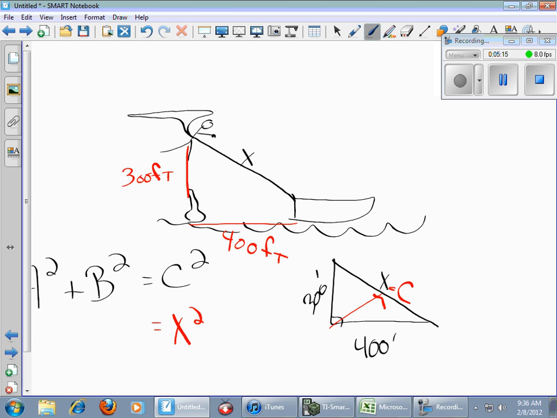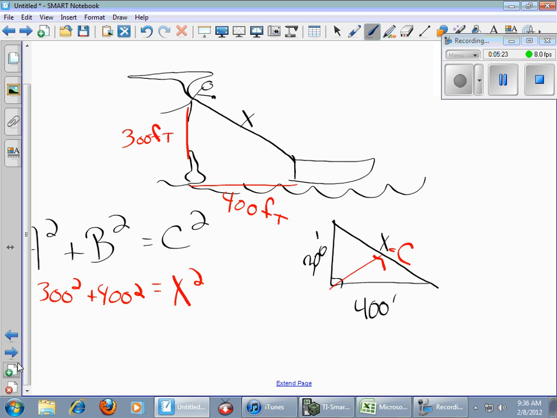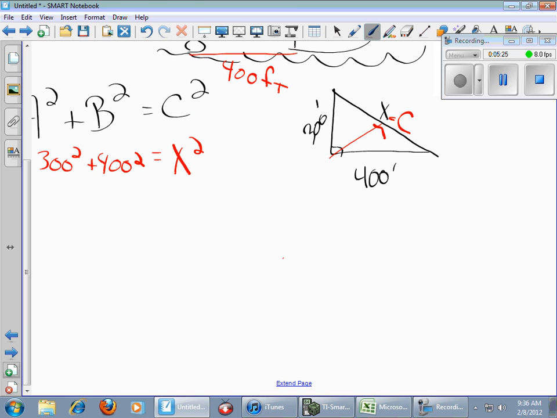All right, A and B don't matter, so I'll do 300 squared plus 400 squared. 300 squared is 90,000. 400 squared is 160,000, excuse me, silly mistake there.